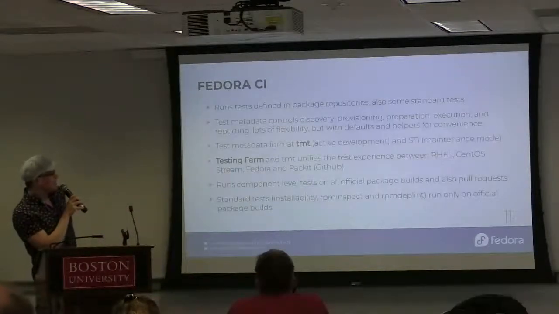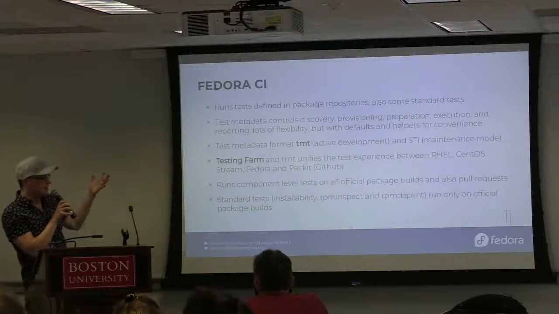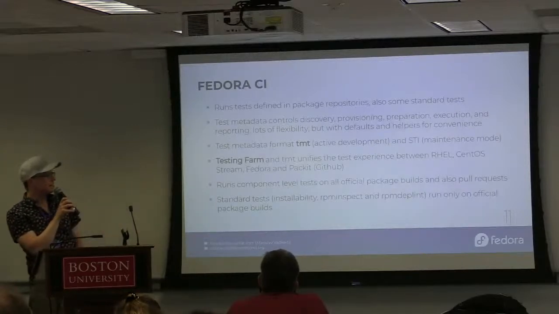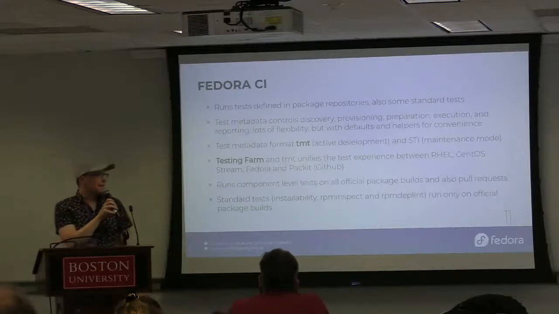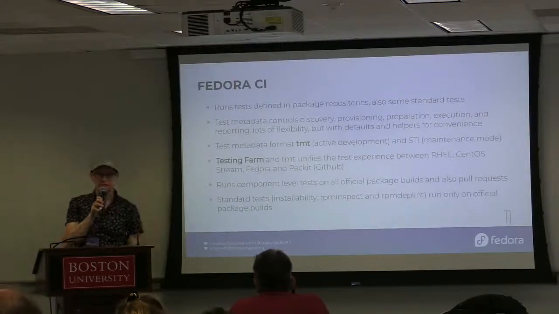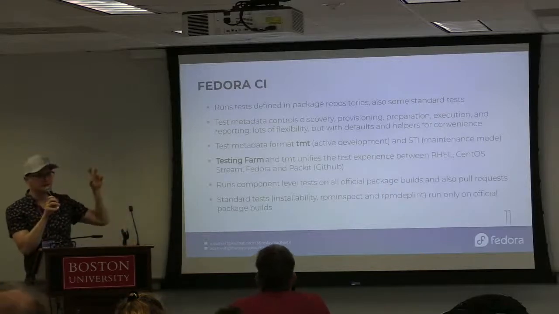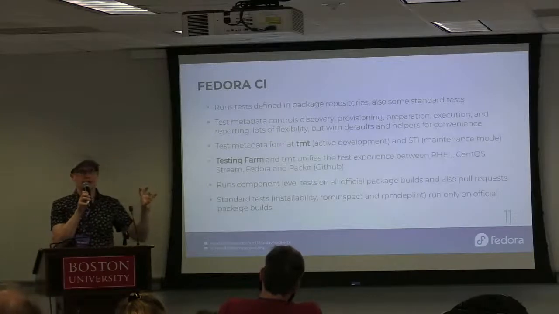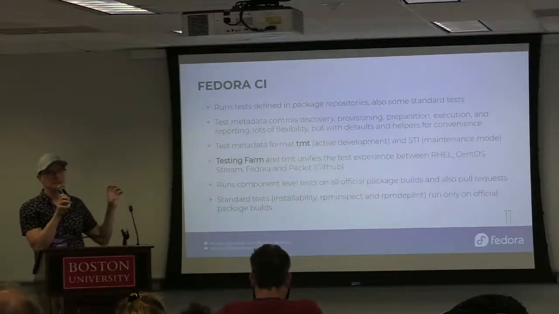So what does CI really do in our context of what is getting tested in Fedora? It runs those tests on all official package builds and also pull requests. This calls back to the early slide about the different levels. Fedora CI is a lower level thing than OpenQA in general. It doesn't run its tests on updates and composes.